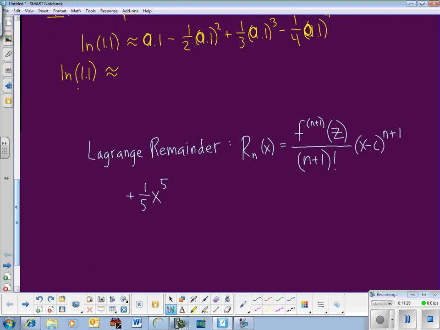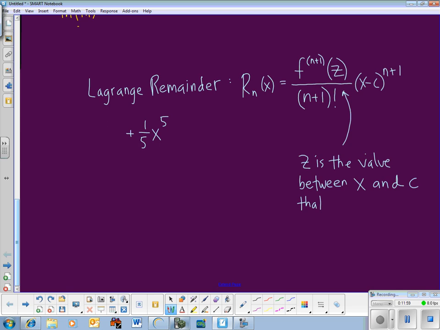Now, let's see what this thing means. In your book, if you look at it, it says z is the maximum value. The n plus first derivative at z is the maximum value between x and c. Now, what that means is this z value between x and c is the one that makes this error the biggest.